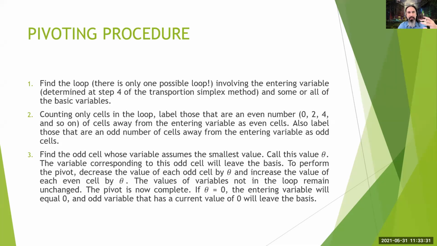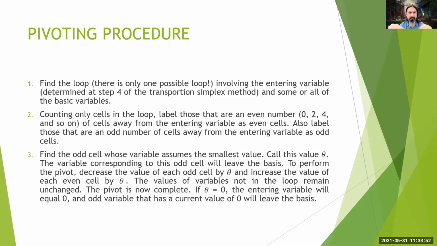Okay, we always will have the same number of basic variables, which is the number of rows plus number of columns minus 1, as you remember. And to have that, when there is a non-basic variable becoming a basic variable and entering the solution, a basic variable should also leave the solution. So we're just trying to find who will leave the solution through that loop.